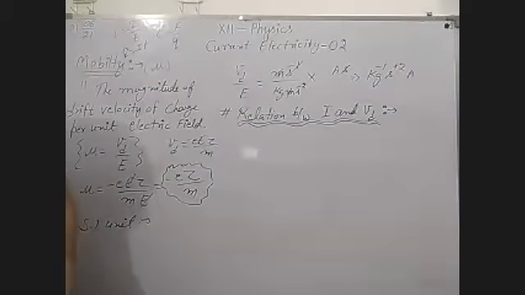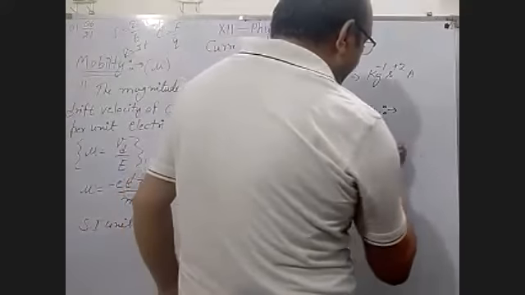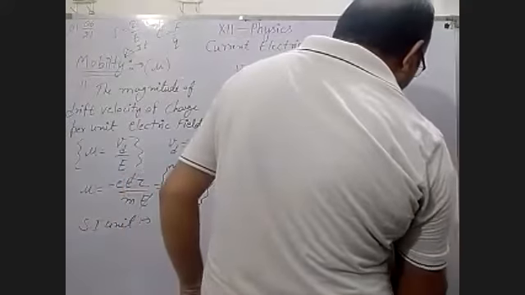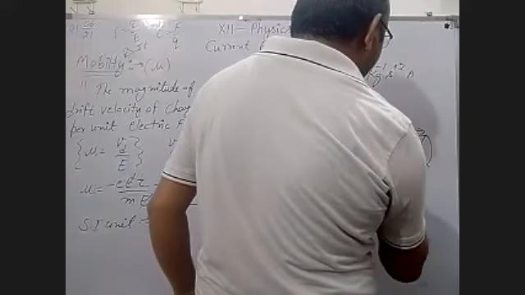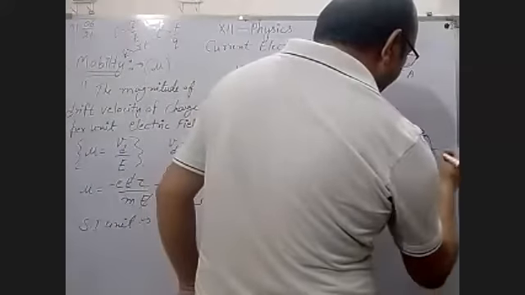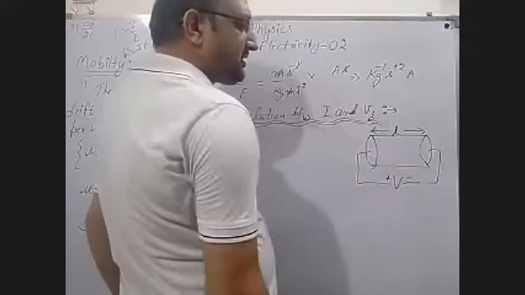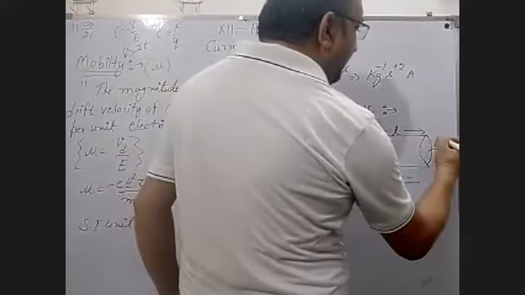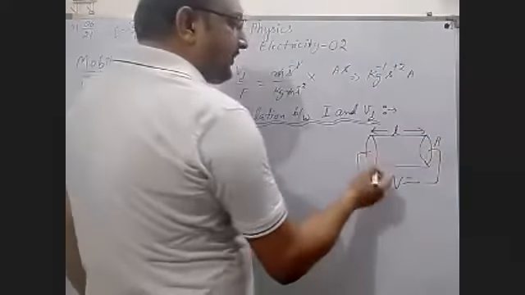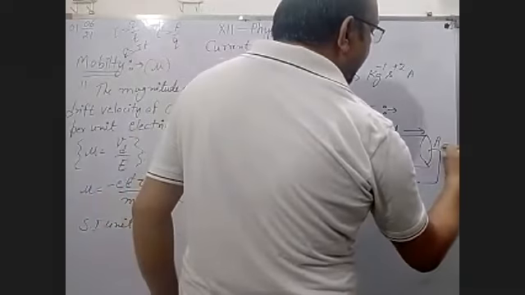As you know, the drift velocity of electrons in a conductor: suppose a conductor of length L is connected to a battery V. This is the positive terminal, this one is negative, the length is L, the area of cross section is A. This one will be positively charged and this one negatively charged.